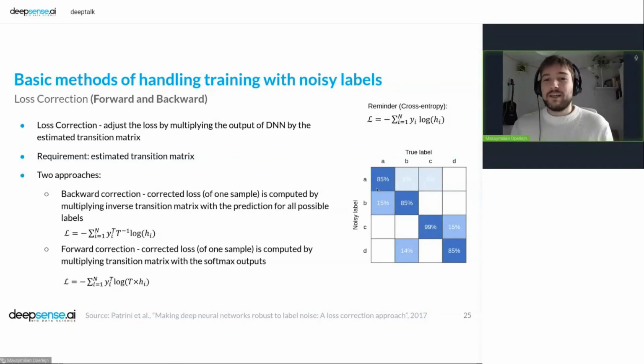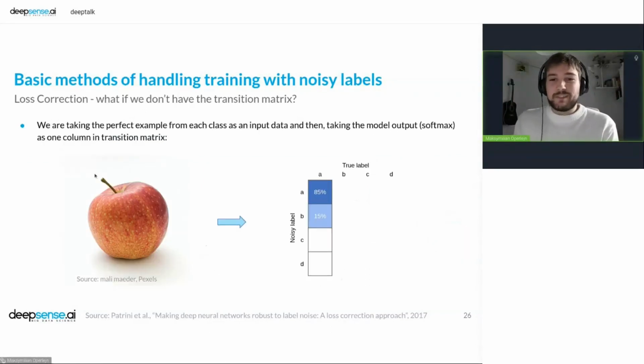As we know, it's difficult to assess what noise we have in the dataset, because it would probably be very useless to count example by example and create it on our own. So actually, the authors of this paper proposed one method, which is described on this slide.